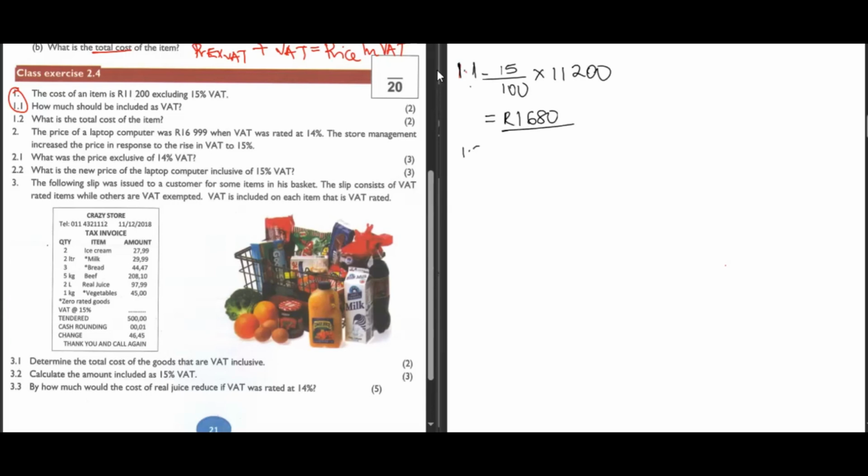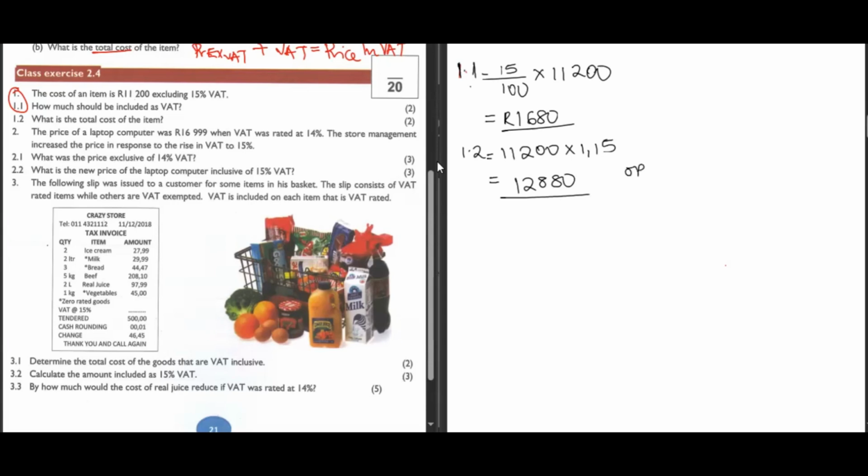So we look at question number 1.2. It wants us to calculate the total cost of the item. So in other words, you're including the VAT. So we said 11,200 times 1,15. Why am I multiplying? Because I'm including VAT now, and I will end up having the answer as 12,880.